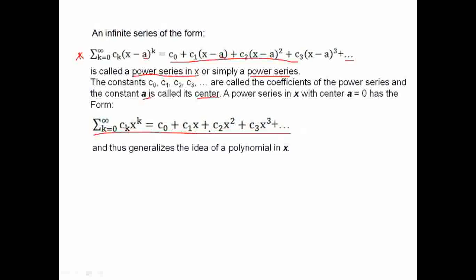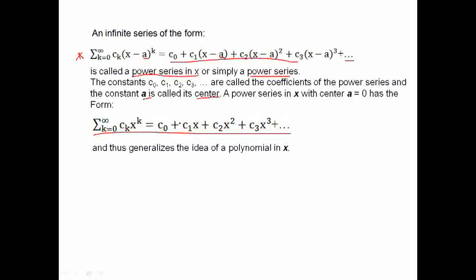So this expression on the right-hand side of the equal sign generalizes the idea of a polynomial in which x is the variable. As we can see, we have c_0 plus c_1 x plus c_2 x squared plus c_3 x cubed, and the powers of the variable x keep increasing.